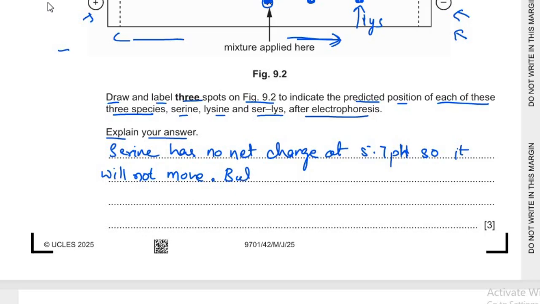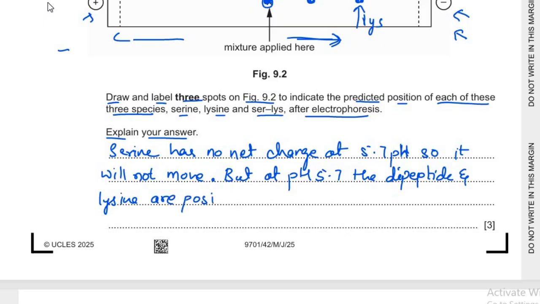But at pH 5.7 the dipeptide and lysine are positively charged, so they move towards the negative terminal.